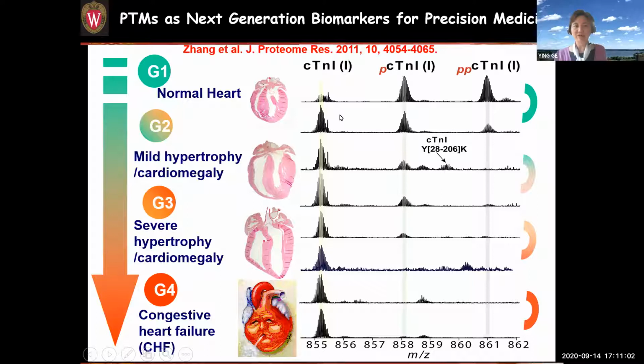What we find is that this troponin I is in different cardiac disease developmental stages. There's a consistent reduction of this phosphorylation with the severity of the disease. So looking at these different levels of post-translational modifications allows us to gain a better picture of different disease progression stages.